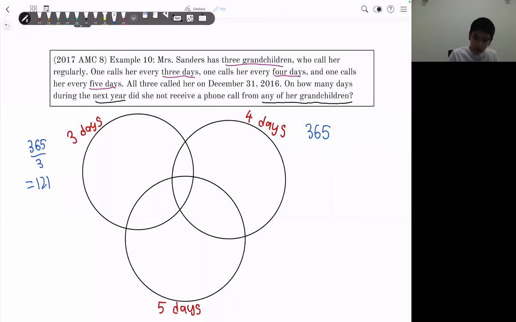For the one with 4 days, 365 divided by 4 is about 91, because every 4 days she's called by this grandchild. For the 5th day, 365 divided by 5 is equal to 73, because there are 73 times that she's called by the grandchild who calls her every 5 days.